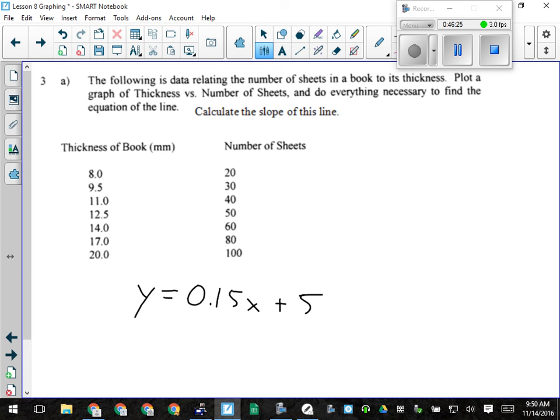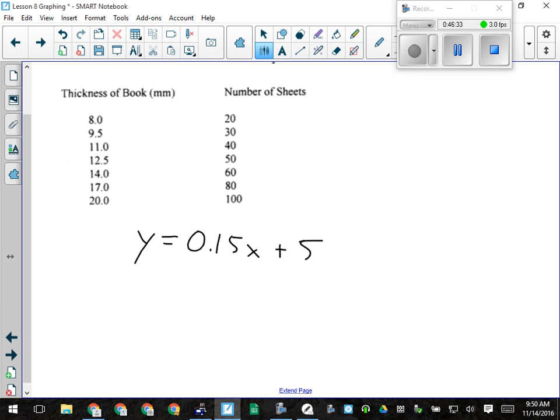Okay, so what we're looking for, guys, is the thickness of a book with 300 pages. So what am I calculating, a y or an x? A y, right. So that means I'm going to have 0.15 times what? 300. x was 300. I told you the number of pages, or number of sheets.